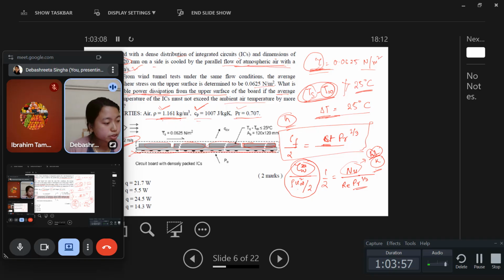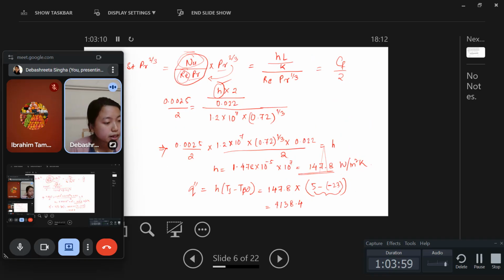So in the previous question, CF, directly we could find out, I mean, just find out RE, and then we could directly, since all these values were known, L, K, and you just needed to find out what is RE, then you could directly substitute all these values and you could get this H.